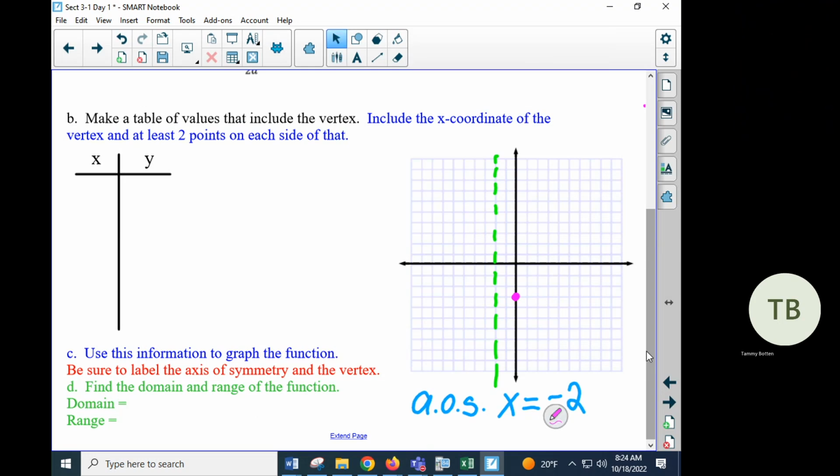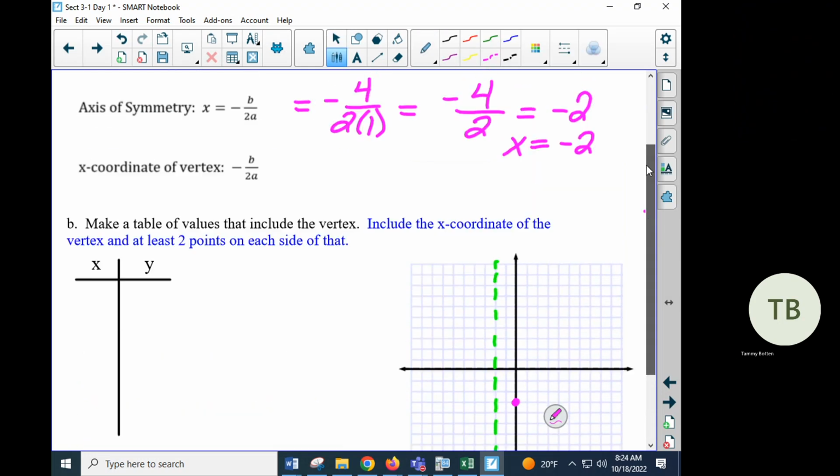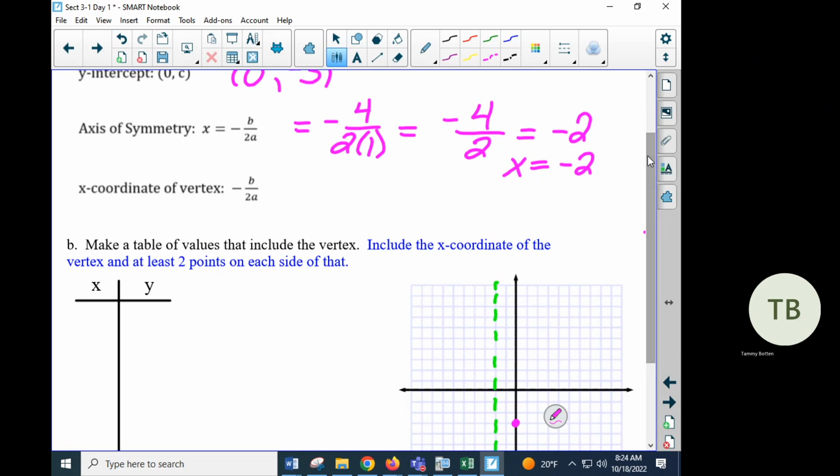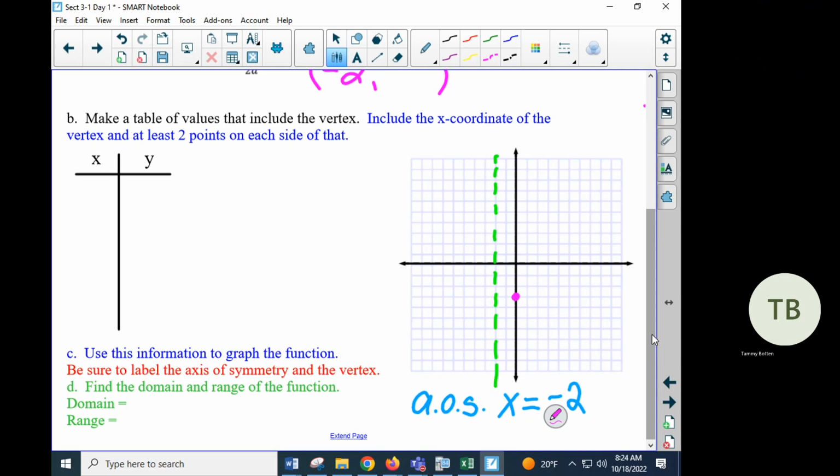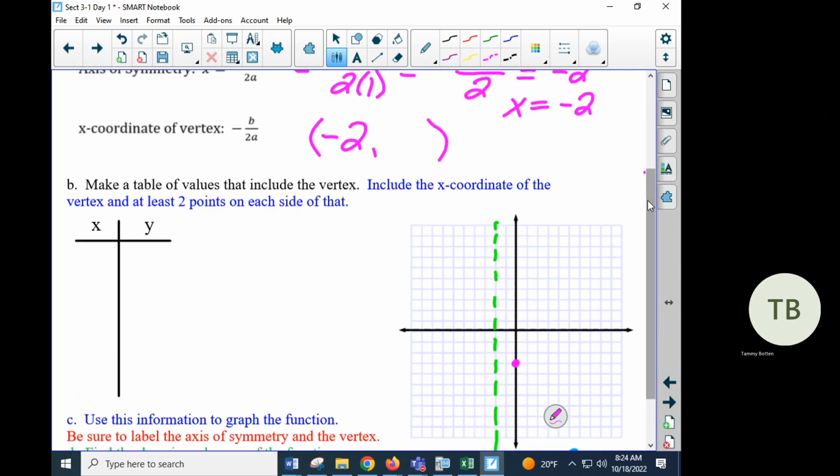Now when I find that -2, that not only tells me the axis of symmetry, but it also tells me the x coordinate of my vertex, okay? So I had labeled this vertex, it was supposed to be the y-intercept.